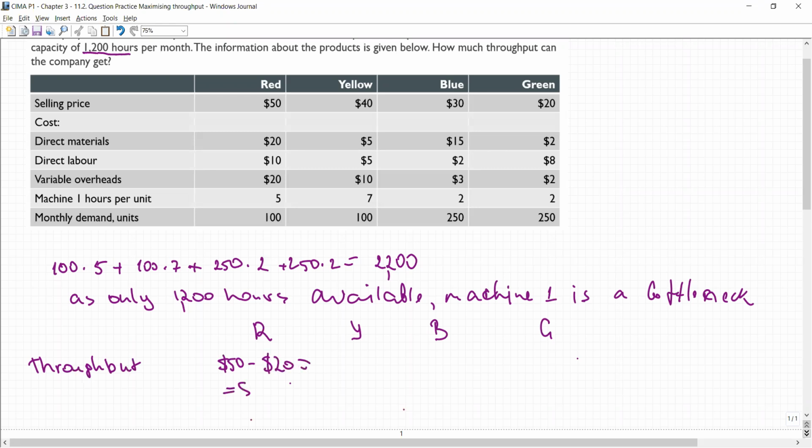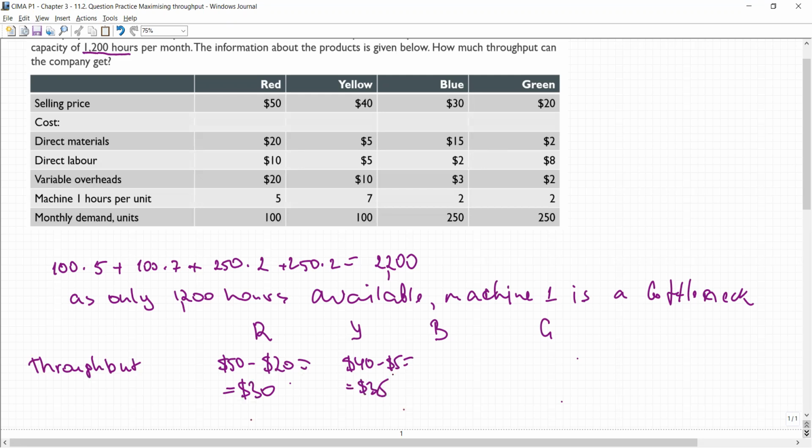We take into account the direct materials because this is something that is super variable. Labor cannot be as variable, and that is the logic of throughput because we cannot change labor immediately quite often. So for yellow, it's 40 minus 5, which is 35.